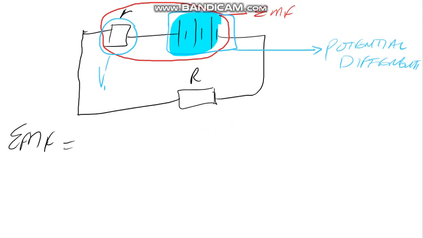So EMF is the total voltage of every resistor. The bigger resistor R has a voltage, let me say V2, and the small one will have a voltage, which we'll name V1.